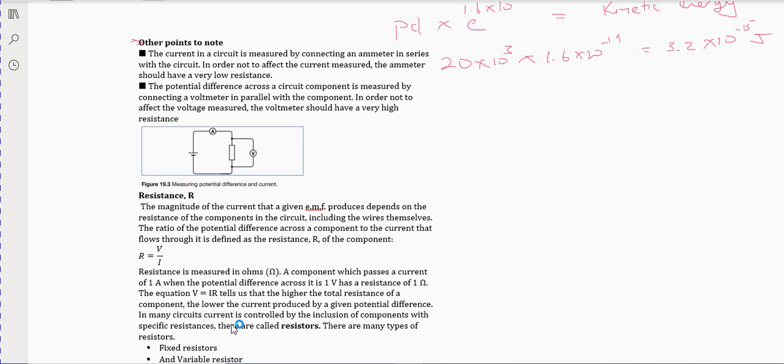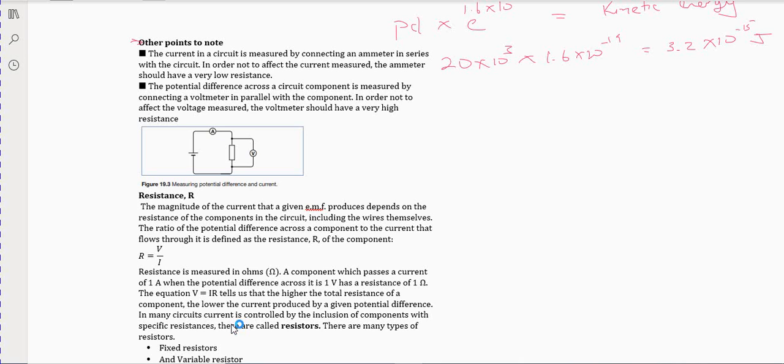If the current value is very high, that can have significant implication on the resistance of the component. The reason is that the higher the current is, the more charges are going to be flowing through the resistor, or through the component.